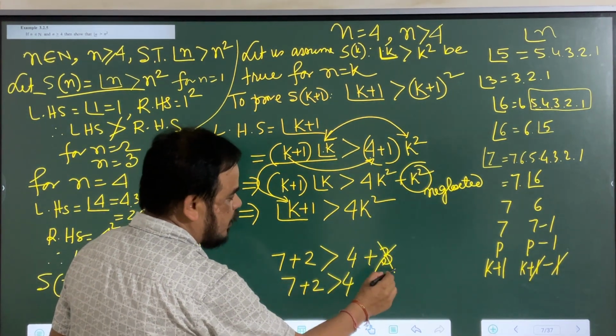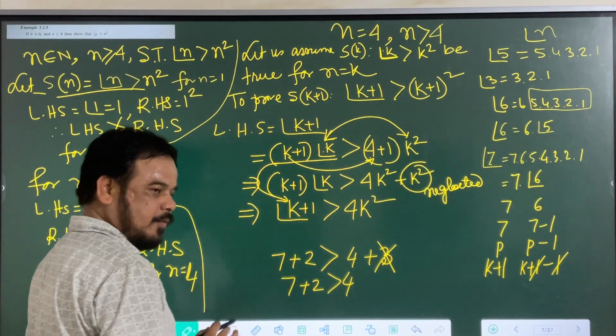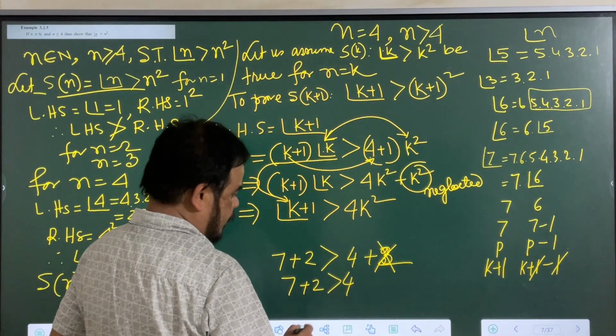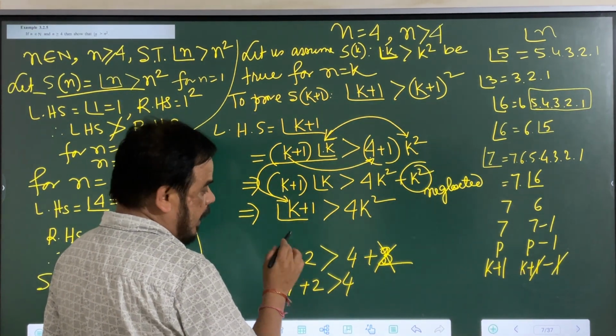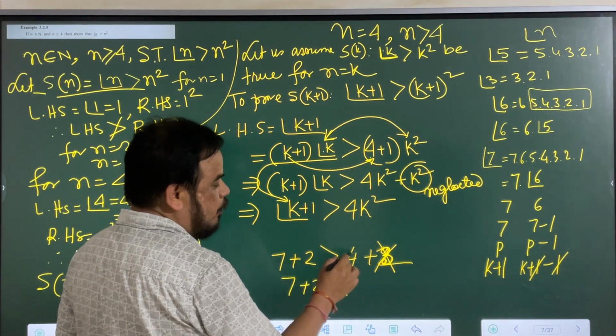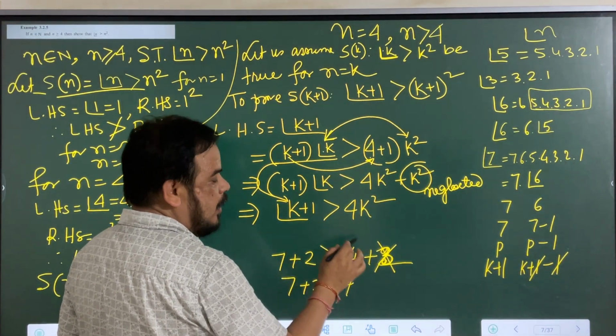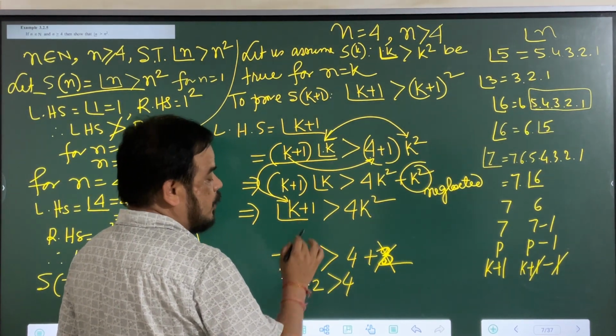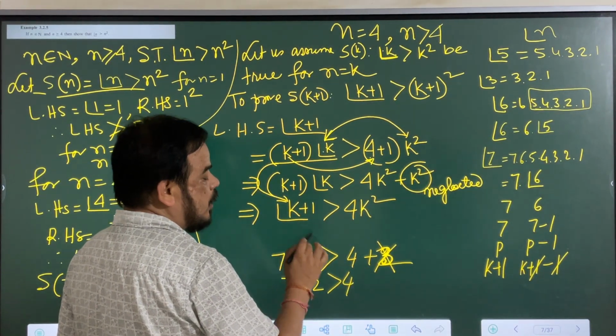If we don't write 3, the meaning will be the same, greater only. Okay, 7 plus 2 is 9, 4 plus 3 is 7. So 9 is greater than 7. 7 plus 2 is greater than 4, 7 plus 2 is greater than 3, 7 plus 2 is greater than 4 plus 3.